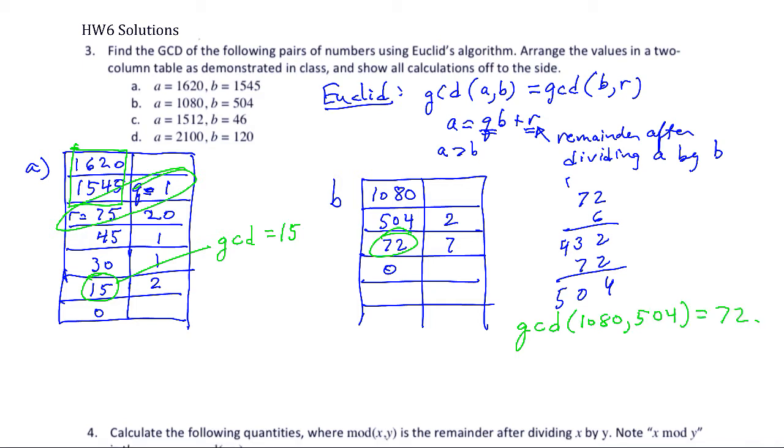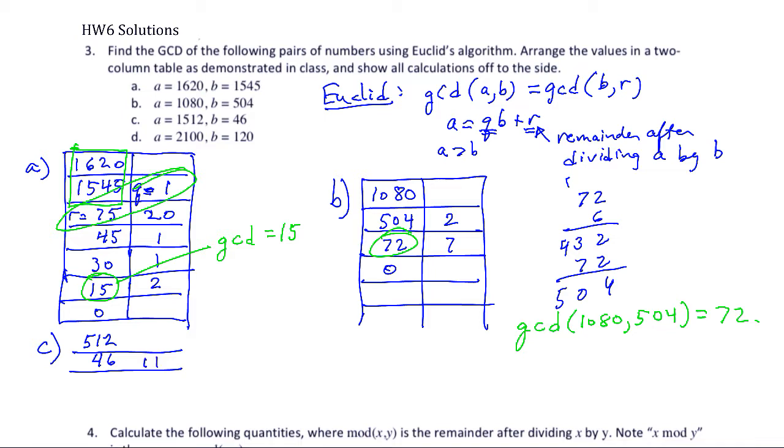Finally, part B and C, or part C and D. Here we have 512 and 46. I may be running out of space here. 46 goes into 512. It goes 10 times into 460, 11 times into 506.